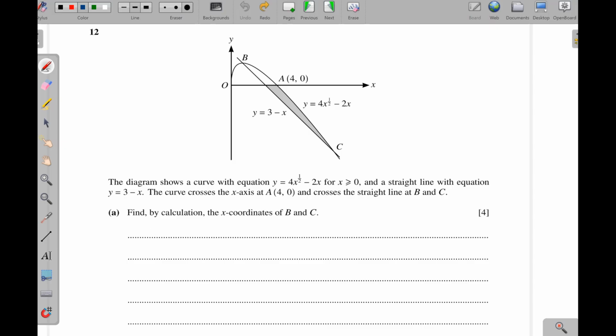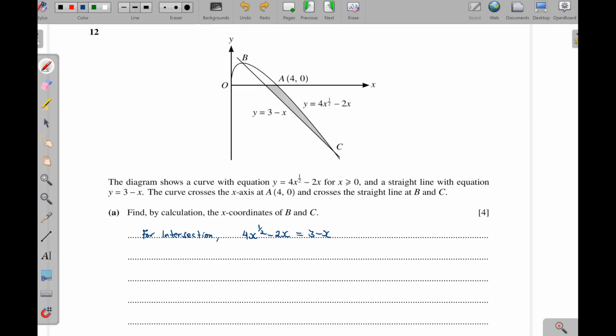So we shall have for intersection of these two, 4x to the power of a half minus 2x will be equal to 3 minus x. Then I can take this minus 2x this side, such that on the left side I'm only left with this term with the square root.